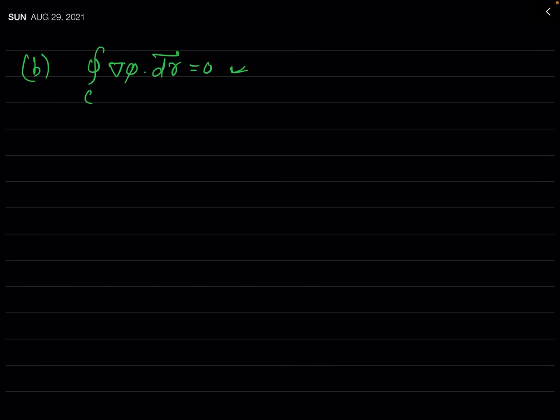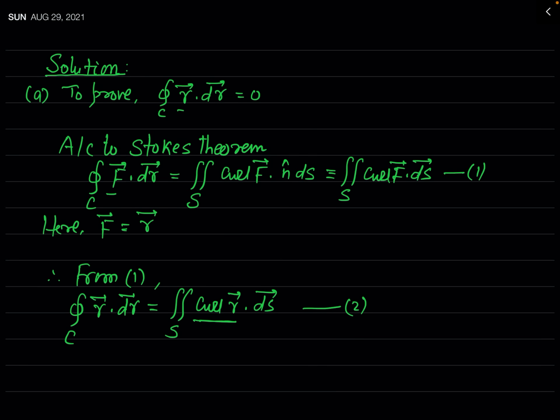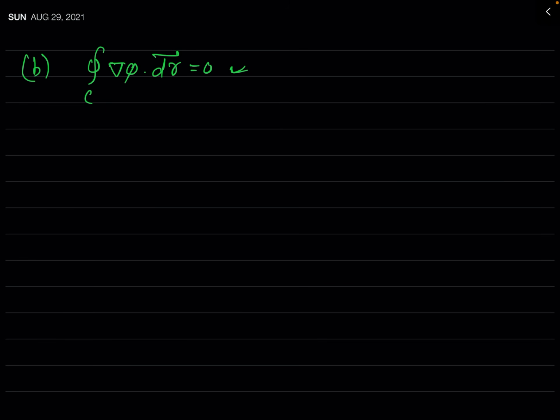So here if you compare this problem with the Stokes theorem which we have mentioned in this equation 1, you can easily see that at the place of the vector field F there is gradient of phi.